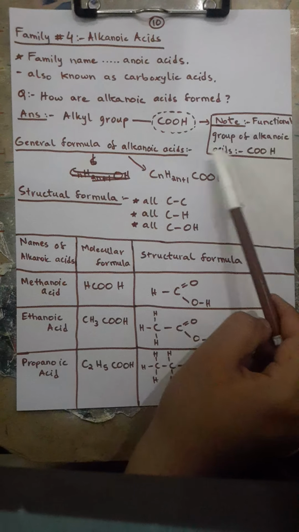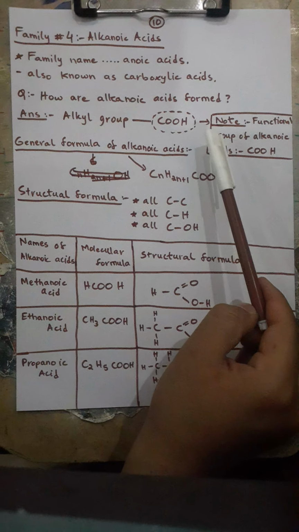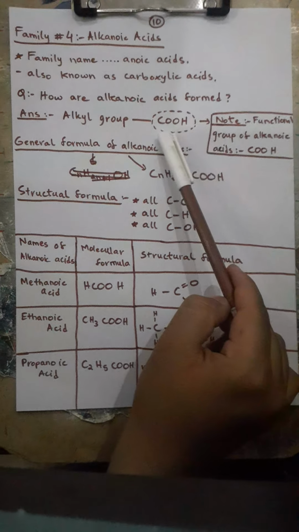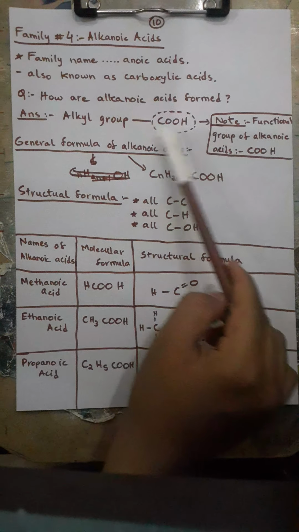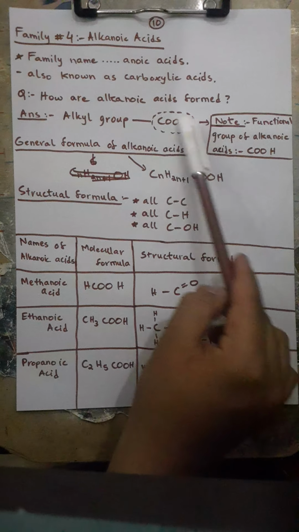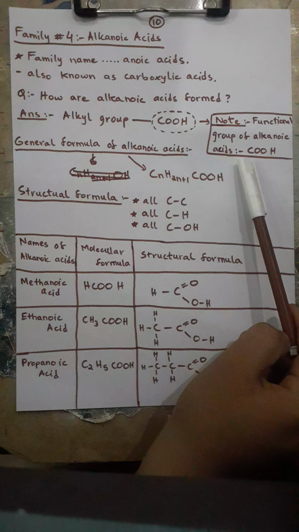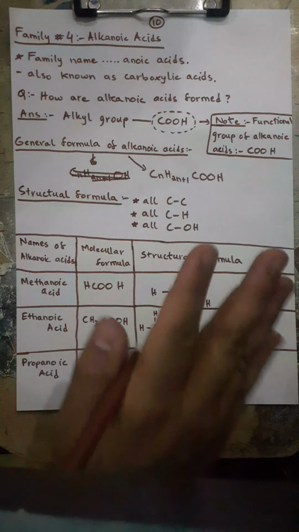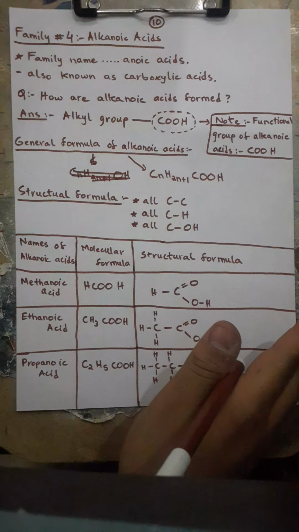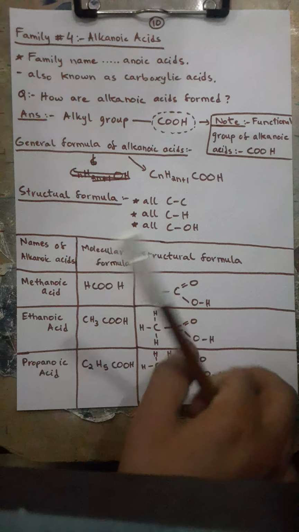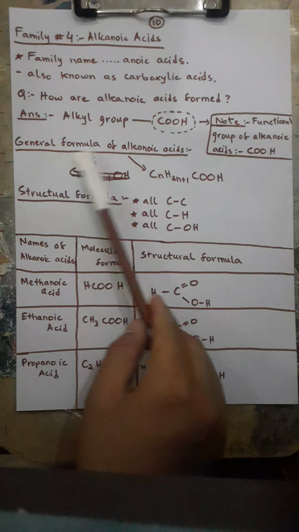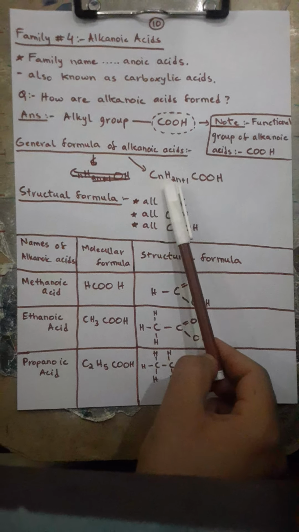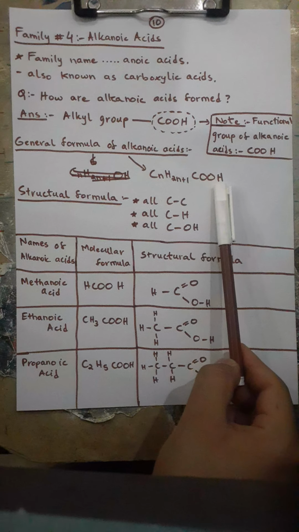Now, what is this COOH? This is the functional group of alkanoic acids. Like for alkanols, the functional group was OH, for alkanoic acids, COOH is the functional group. So it differentiates between the two organic families, that is alkanols and alkanoic acids. The general formula for alkanoic acids is CnH2n+1, this is the alkyl group, and then it has COOH.